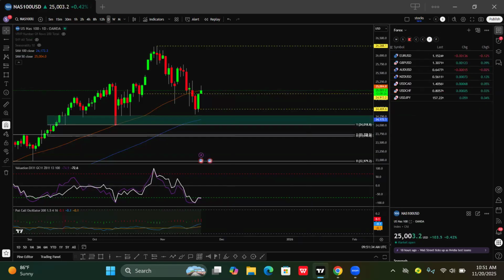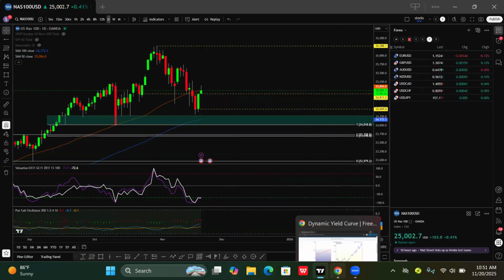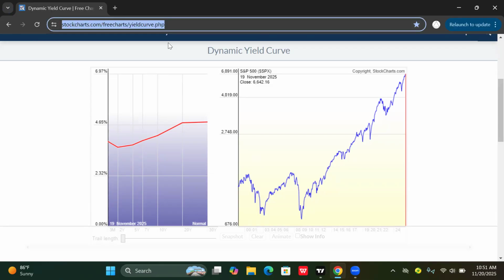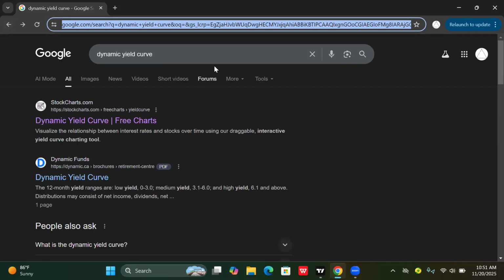But before I do that, first things first, let's look at something very interesting. In order for you to trade any asset class profitably, and no strategy is 100%, you need to have an edge. The first thing in markets is fundamental analysis, and the second is technical analysis.